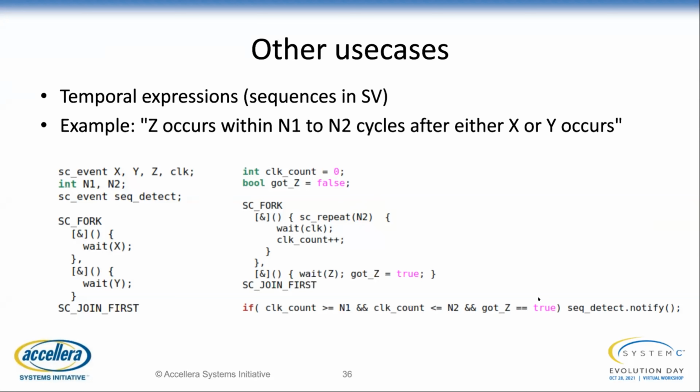And if this condition is satisfied, then you have another event that the sequence has been detected, and you notify it, and other threads, other processes can hook up to this event and do something interesting when it happens. So you can use forks to code temporal expressions procedurally.